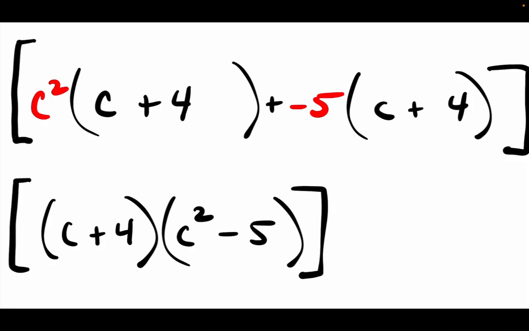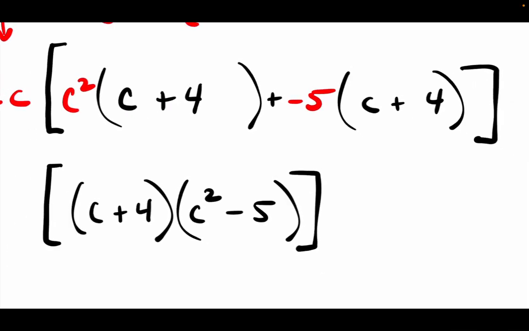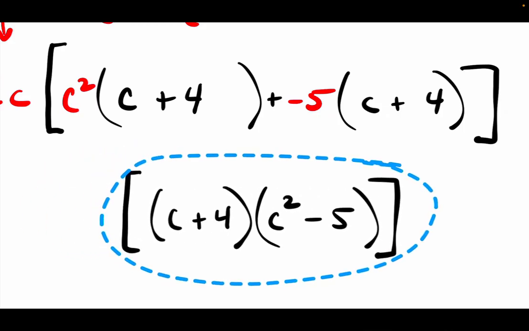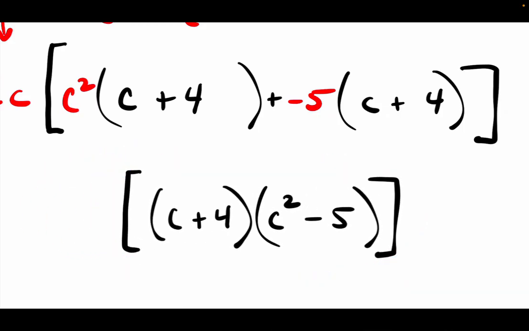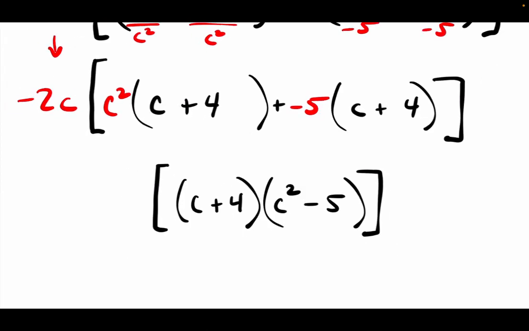C squared minus 5, right? So that was step 6 and step 7. Are any of these difference of squares? No. Nope. The only other step that I didn't do is I got to write my GCF.